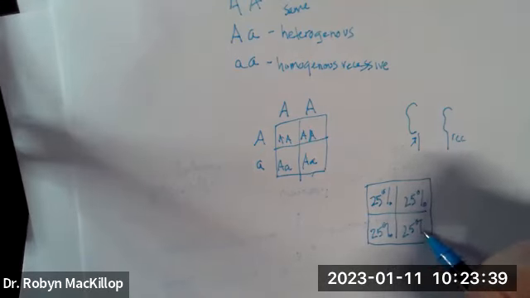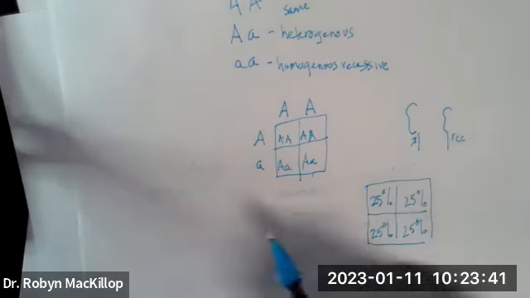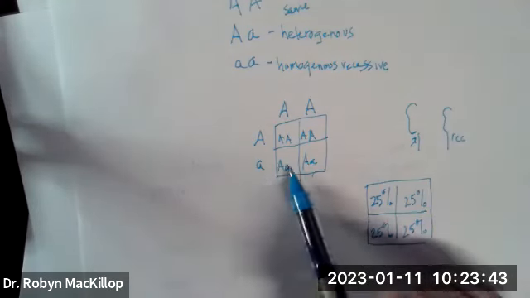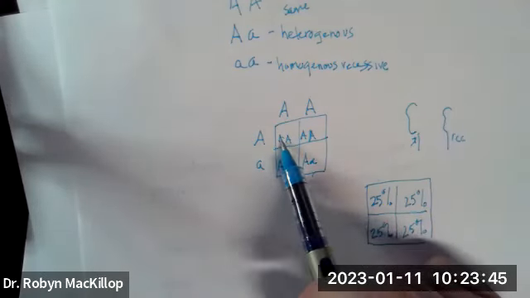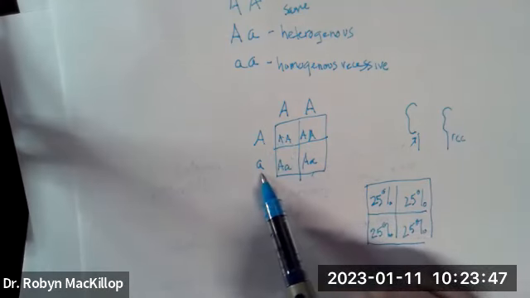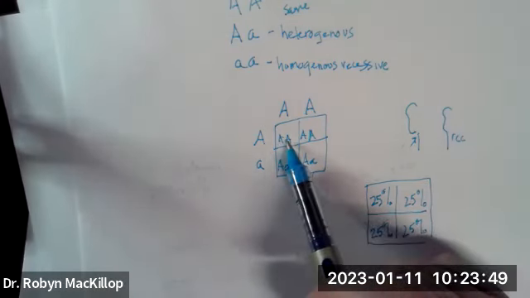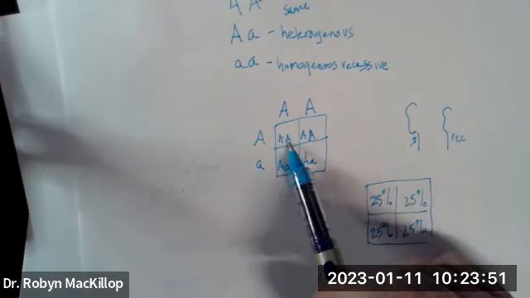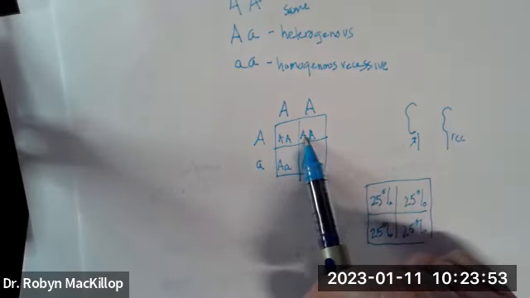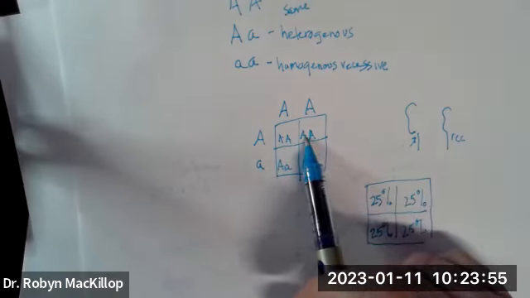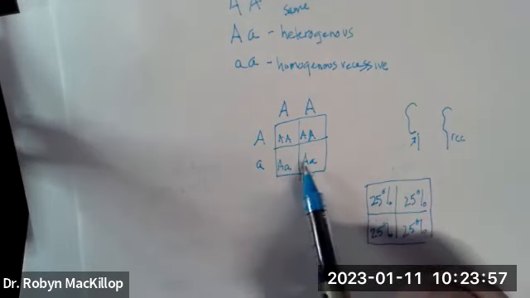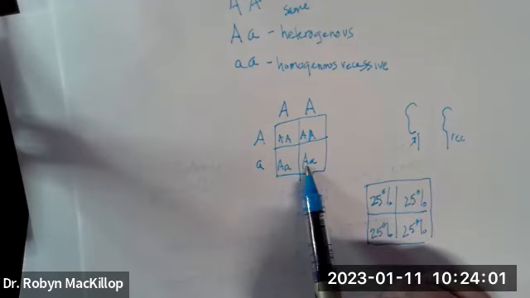It's really funny. Okay, so that means in this case, for unattached and attached earlobes, we have 50% of the kids with double dominant or homogeneous dominant. We have 50% of the kids heterogeneous.